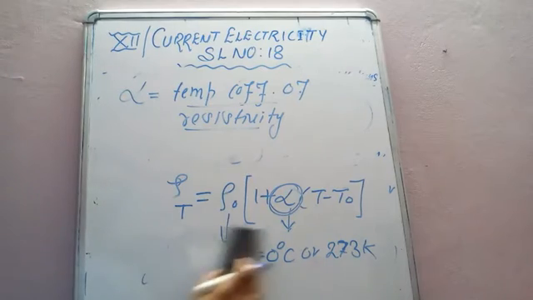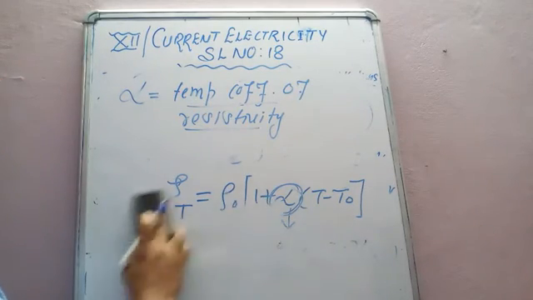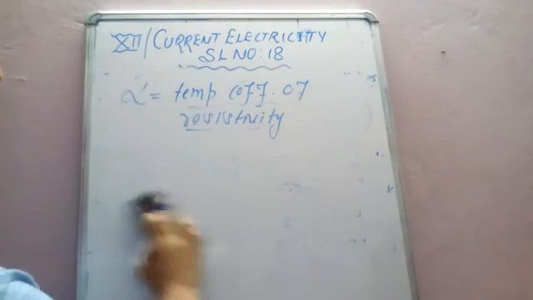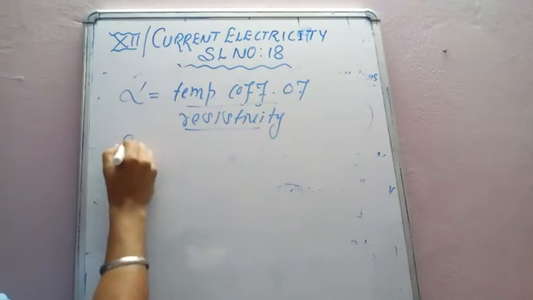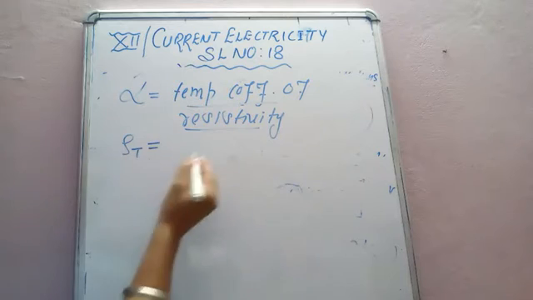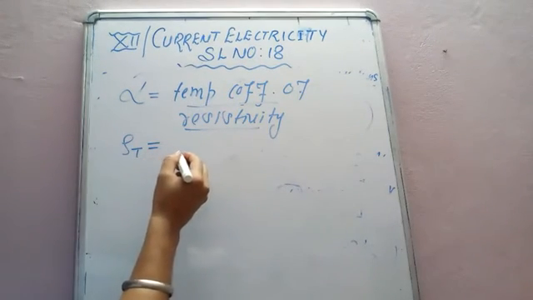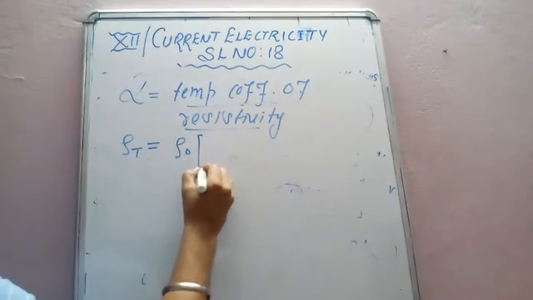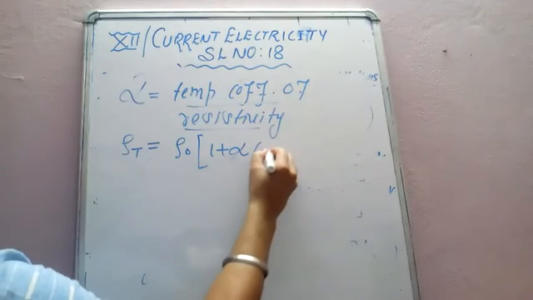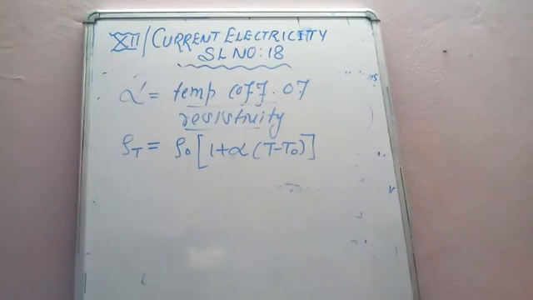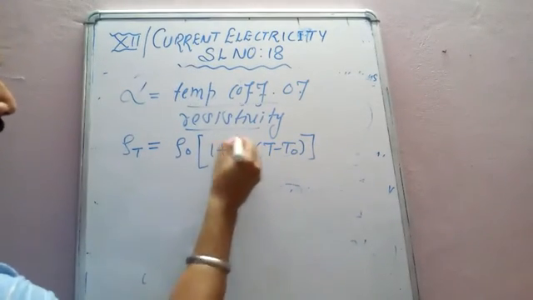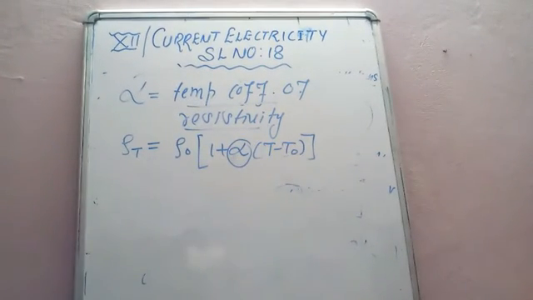Now this is clear. Again I am writing this: rho T is equal to rho naught into 1 plus alpha into (T minus T naught). Now let's take a little explanation of alpha, what it tells about.